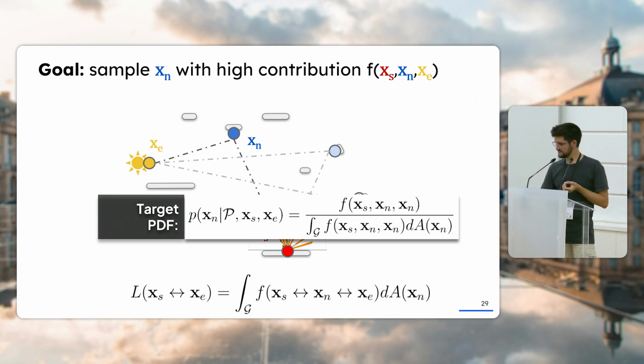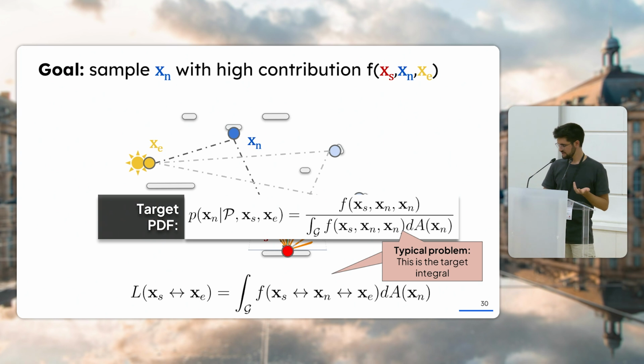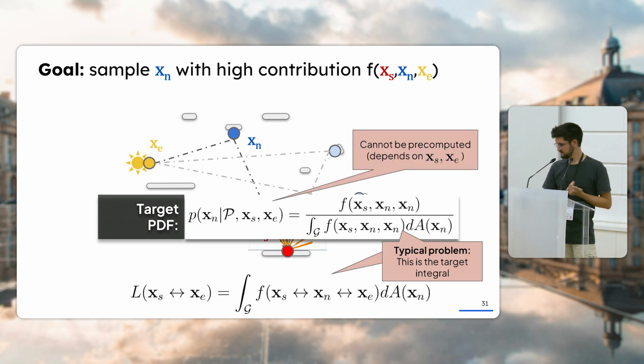So more specifically, this would be with a probability proportional to its contribution, which, however, has the typical problem of containing the same integral that we are trying to compute. And moreover, it is impossible to pre-compute, since this PDF, as you can see, depends on both the shading point and the emitter, which will vary across every pixel and emitter.